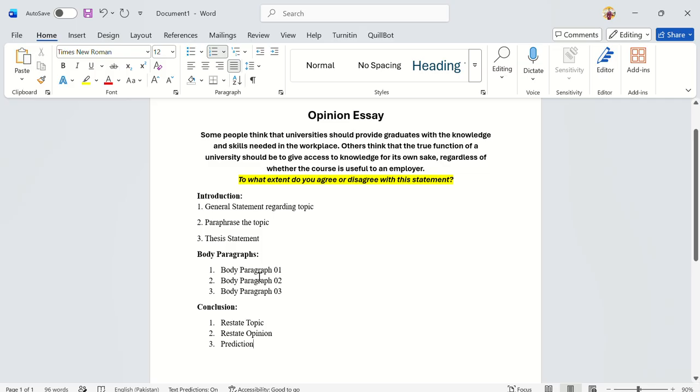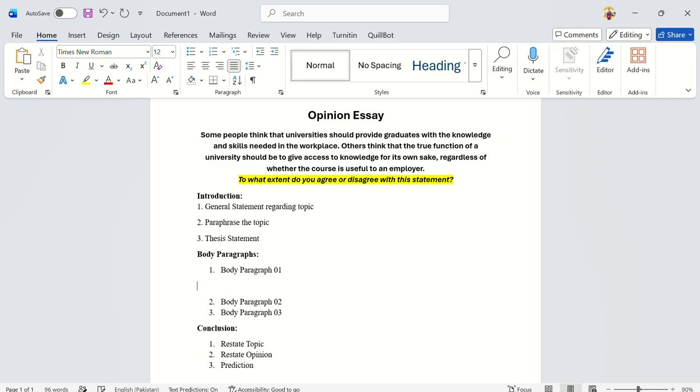Right? In body paragraph 1, you have to provide which thing? Let me show you. In body paragraph 1, if you agree with that statement, you have to provide agreement. Let me write here. If I agree with the statement, what should I do? You can also disagree, but let's suppose you agree.